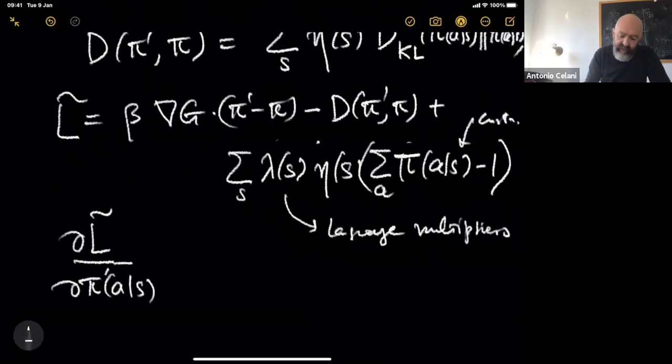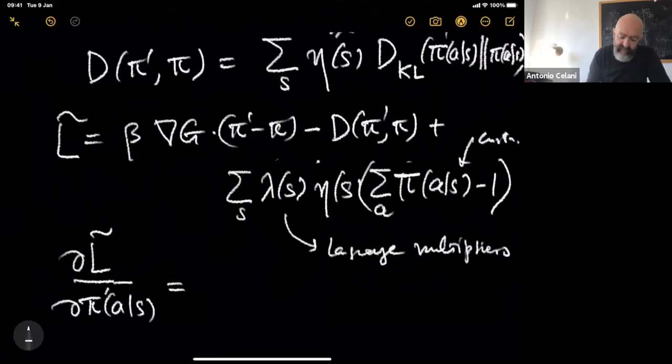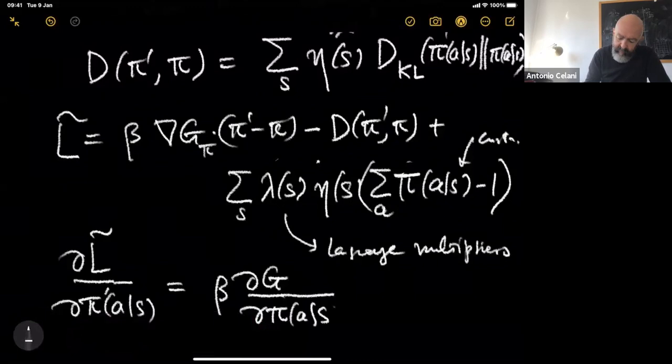And now we're going to use the explicit expression of the gradient here. So let's go one step at a time. So we have beta, then we have dG in d pi, computed in pi. Okay, so this is what I get when I take the derivative with respect to pi prime of this term.